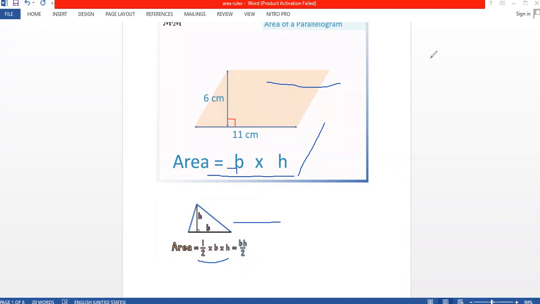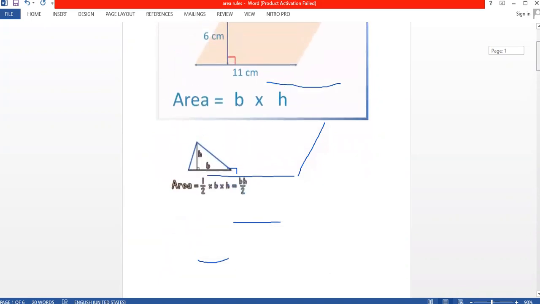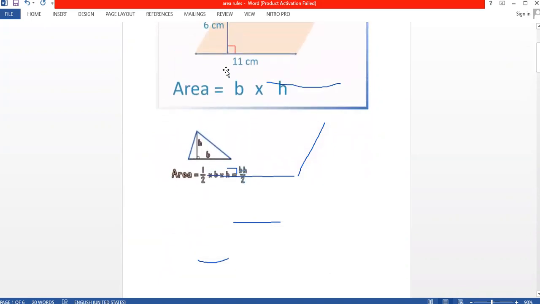Now we can see that in this example, let me give you numbers here. This is the base, this is the height. Guys, as I mentioned, the base and the height should be perpendicular. If the base here is 8 centimeter and the height is 3 centimeter, and you want to find the area, you just multiply the base, which is 8, by the height, which is 3, then you divide by 2.